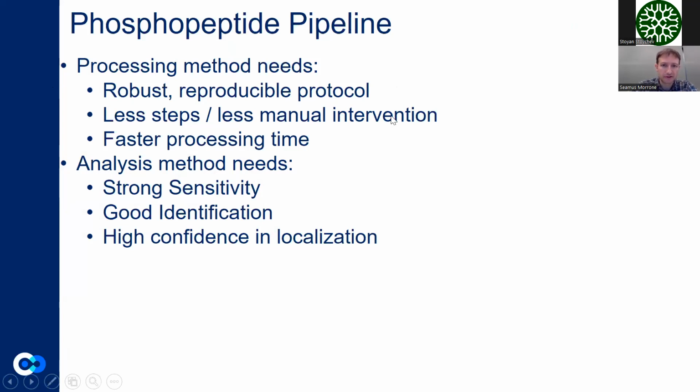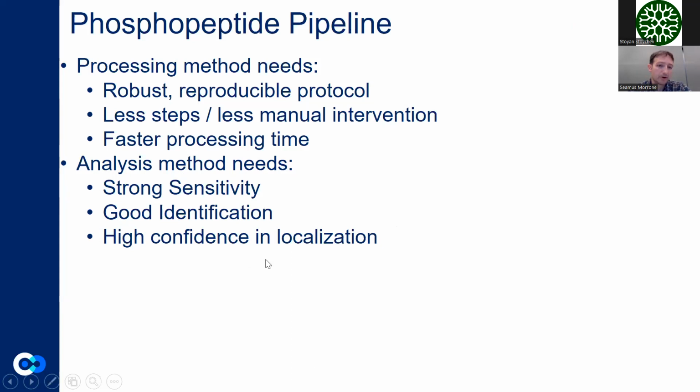This is also tied to the idea that fewer steps and less manual intervention is ideal, as this reduces some of the stochasticity, and faster processing time, as we have just explored, is important to limit the degradation of the phosphopeptide samples. On the analysis side, what we need is strong sensitivity, as many of these phosphopeptides are in low abundance, and good identification rates so that we have a large number of phosphopeptides to work with for statistical analysis.